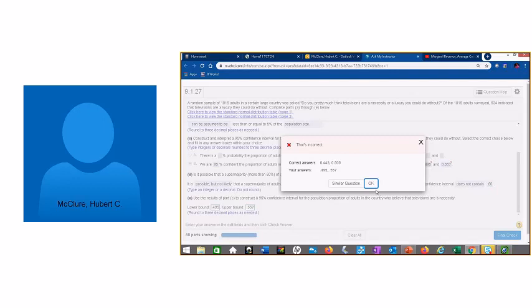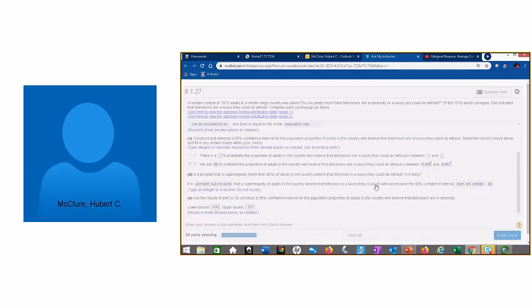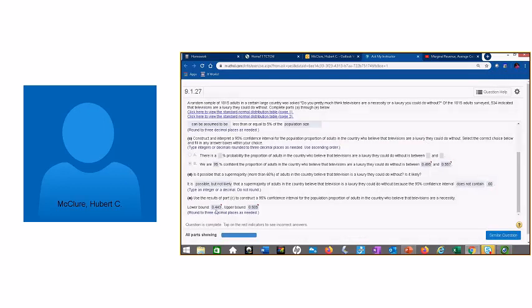Unless they're asking for, no, I did upper bound and lower bound. 0.443. Oh, believe that television is a necessity. Okay, you would go back and do it. I'm sorry, I read the question wrong. I thought they were asking about these.